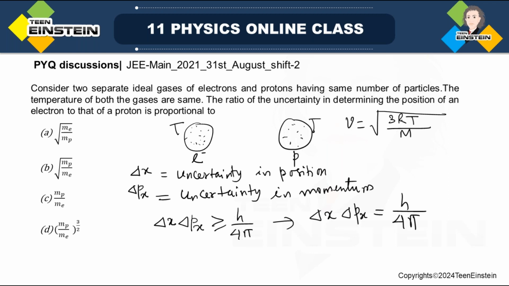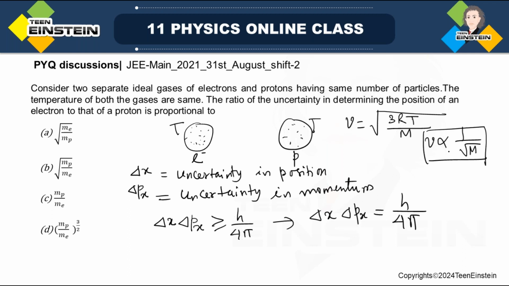That means this R is constant, 3 is constant, and temperature of both of them are same. So I can say the RMS velocity is inversely proportional to the square root of their mass. Okay, in this particular problem.